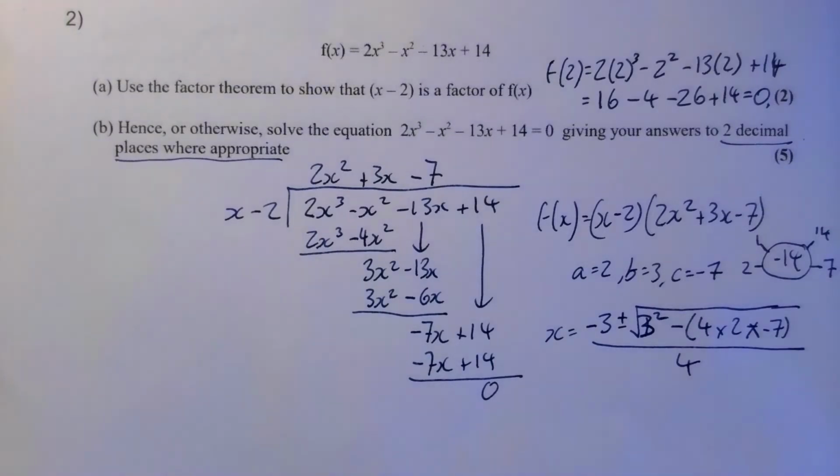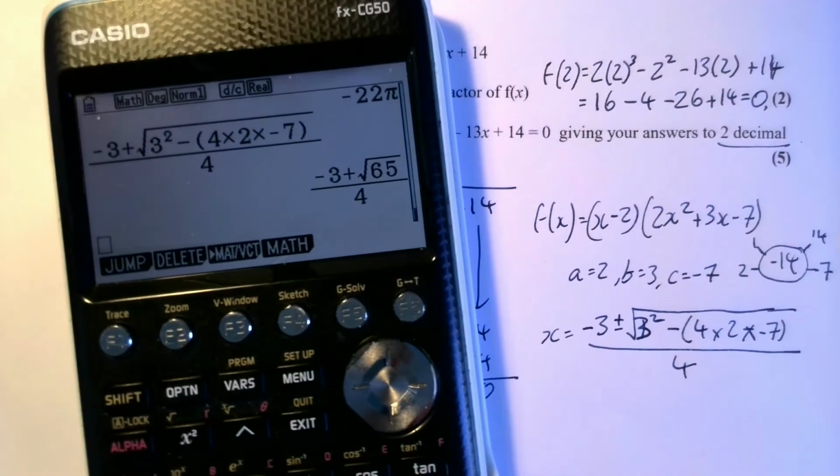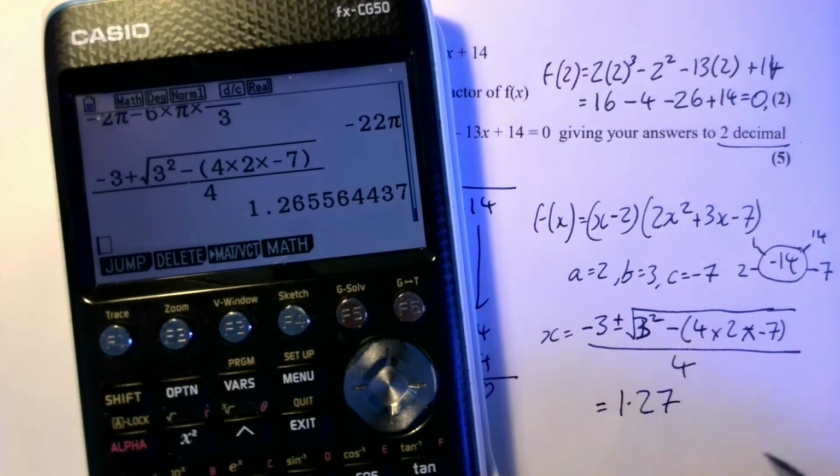And sort that out should give us that, and they want it to 2 decimal places, so S to D, that gives me 1.27 to 2 decimal places.